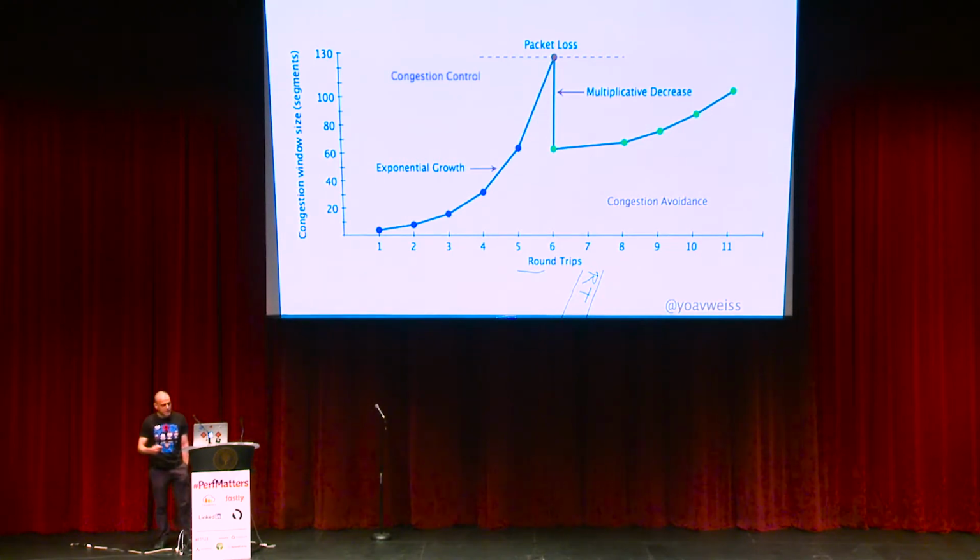So slow start enables the server to gradually send more and more data, feel the network out, but it also limits us in the amount of data that we can send down initially.